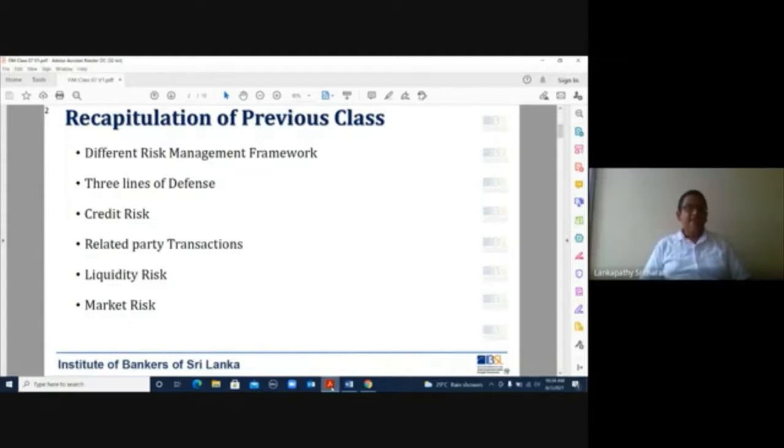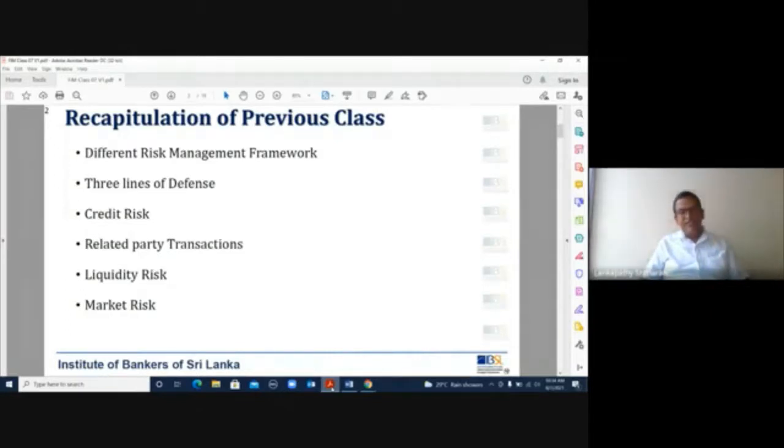Then we discussed financial risk in detail, under which we covered credit risk, concentration risk, and default risk. In addition, we discussed related party transactions and preferential treatments, how to identify a preferential treatment, and the circumstances leading to preferential treatments.